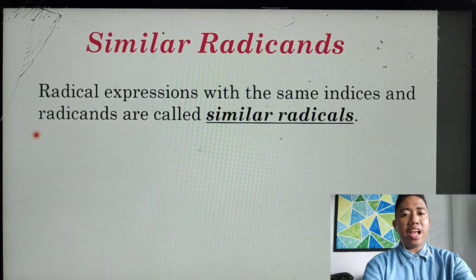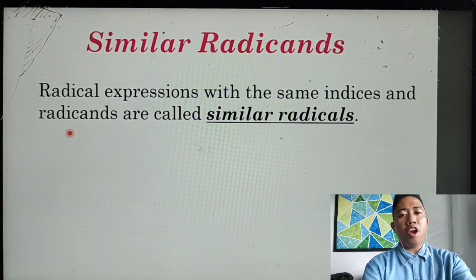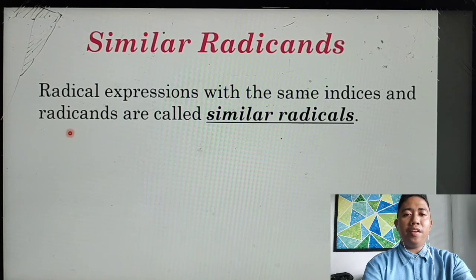And radicands are the monomials or terms inside the radical. So, if two or more radical expressions have the same indices and radicands, they are called similar radicals.